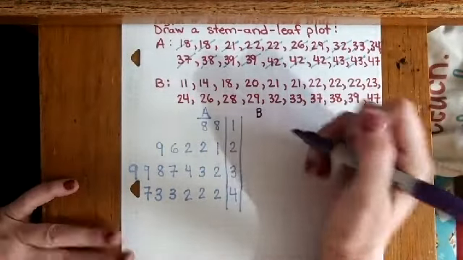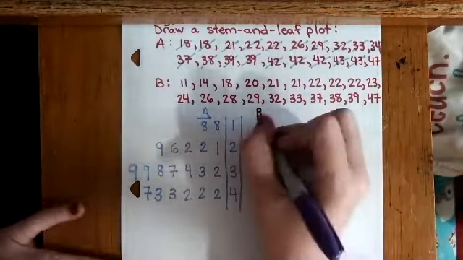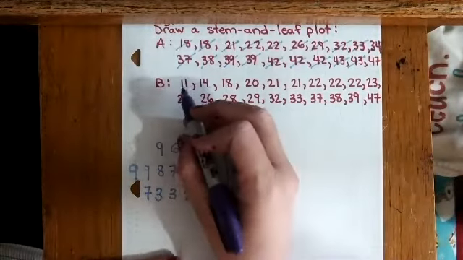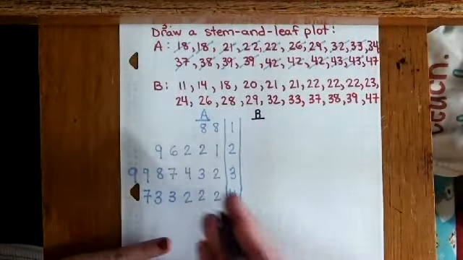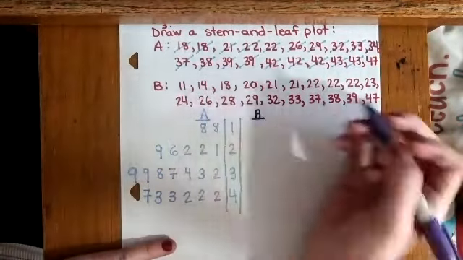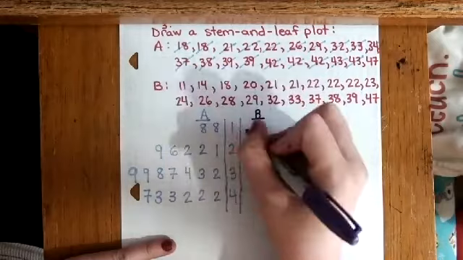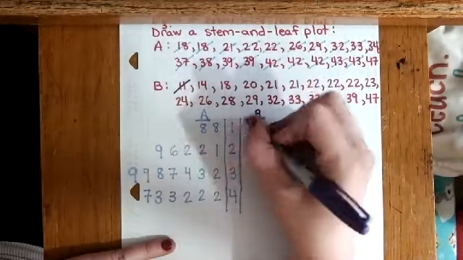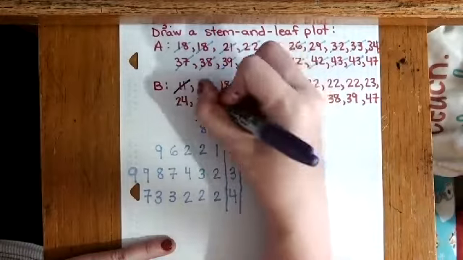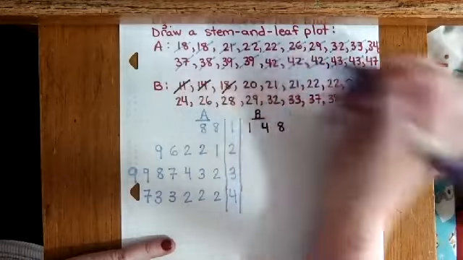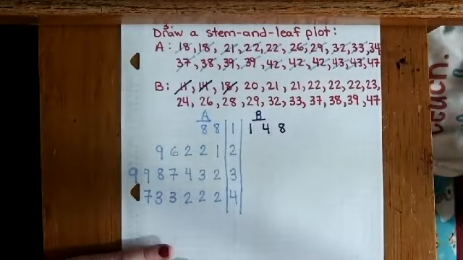Growing from the stem outward, this time more naturally, because we are used to going from left to right, increasing. So now we'll put 11, 14, 18, and we're done with the tens.